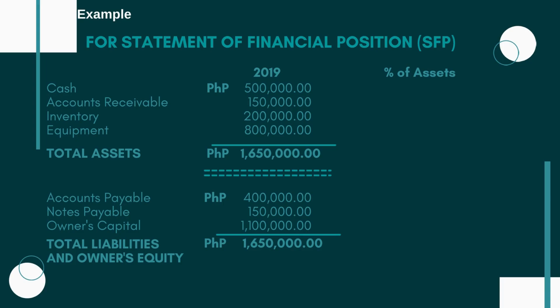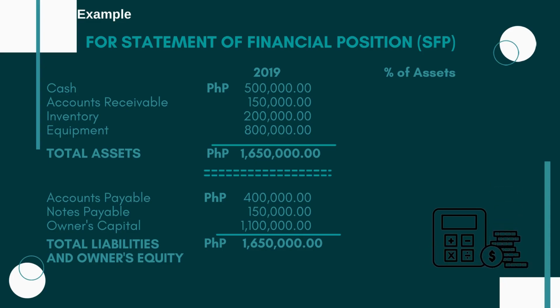Percentage of assets. You can also use a calculator for computation to get a percentage of assets. In 2019, we have cash equal to 500,000. Accounts receivable, we have 150,000. Inventory, we have 200,000. Equipment, we have 800,000. And total assets is 1,650,000.